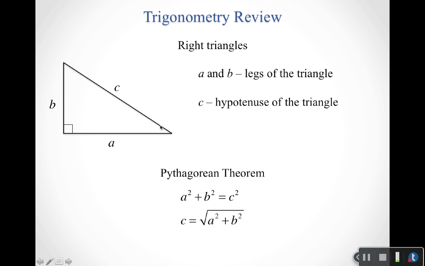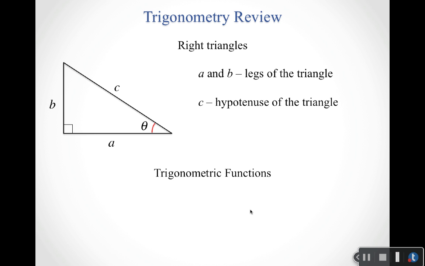So what we'll often do in terms of thinking about the length of the hypotenuse of a right triangle is rewrite this as C is equal to the square root of A squared plus B squared. And we'll see that this form is something that we'll use quite often with vectors.